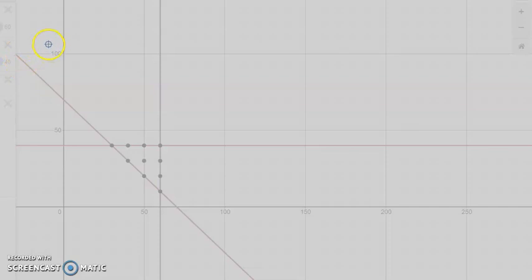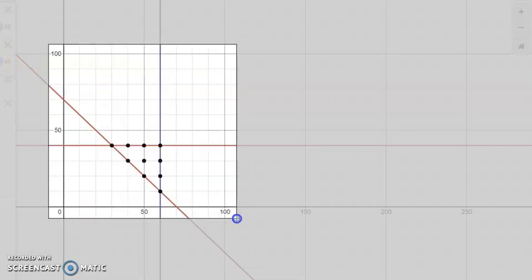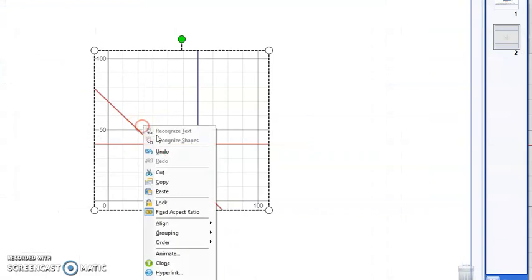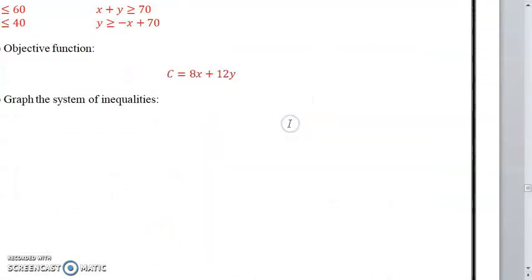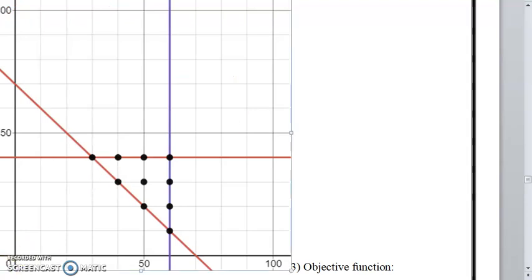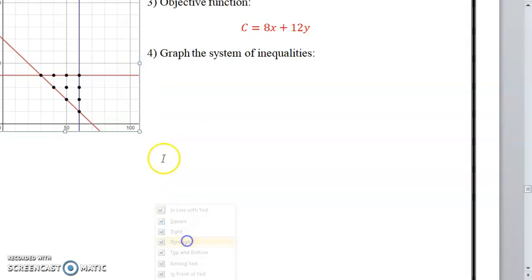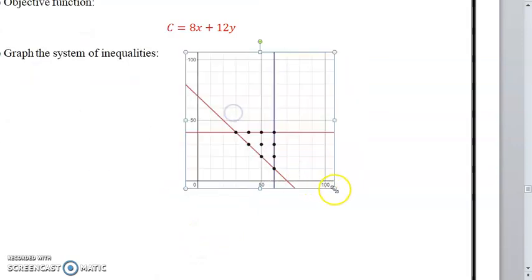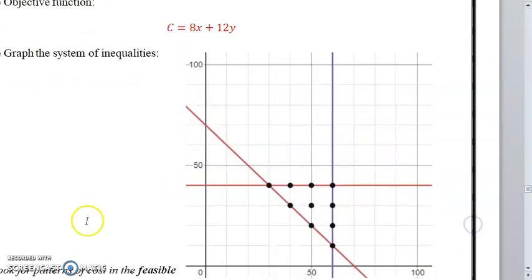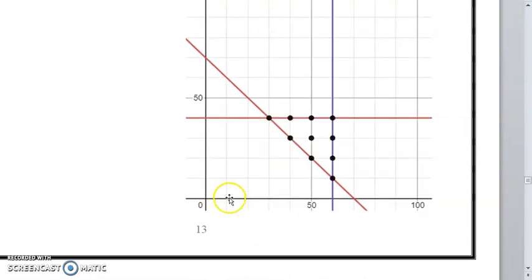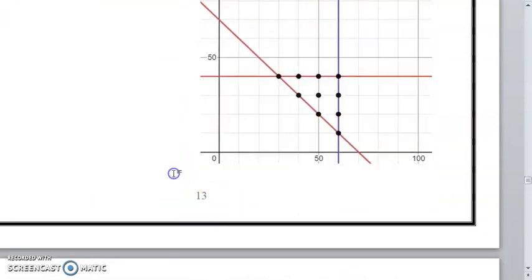So I'm going to take what we need here and replace that with our graph, and we're going to analyze some of the data here. Okay. And just a reminder, you want to label your axis.